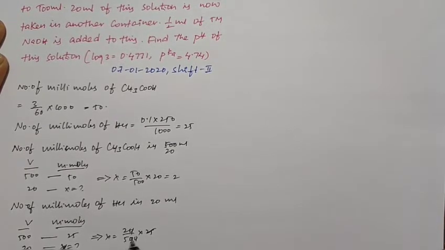So the zeros cancel, 25 will be cancelled 2 times, we get 1 millimole. So the number of millimoles of acetic acid in the 20 ml sample is 2 millimoles and HCl is 1 millimole.